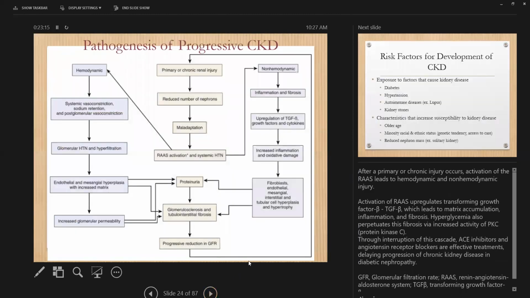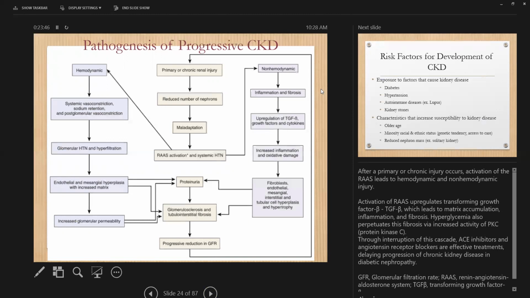This slide talks about the prognosis of progressing into a chronic kidney disease, and it takes you through the entire process. So it talks about what is occurring, the hemodynamics of the process. It talks about the injury and what happens to the kidney, and then it talks about the non-hemodynamic status that can affect the kidney and cause the kidney to start developing malfunctioning.